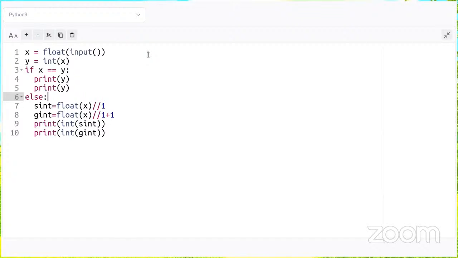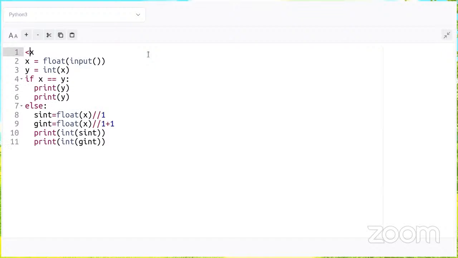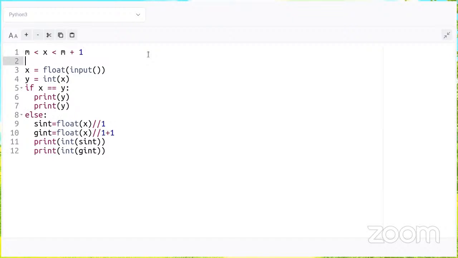So that is all, right? You don't need to separate it into the integer part and the fractional part. You just have to work with integers. So for example, if you are given an x, you have to find two integers m and m plus 1, and you have to print m and m plus 1 on successive lines, right? That is all you need to do.